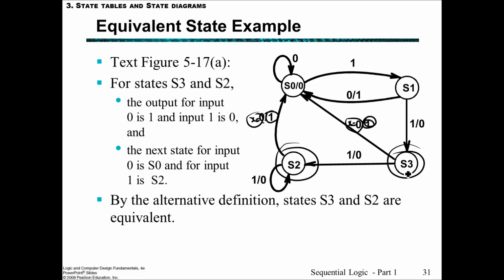Similarly, when we're in state 3 and we have x equals 1, or when we're in state 2 and we have x equals 1, then we have an output of 0 in both cases. So whether we're in state 3 or 2 and we have x equals 0 or x equals 1, we have an equivalent output. So by this alternative definition, states 3 and 2 are equivalent.